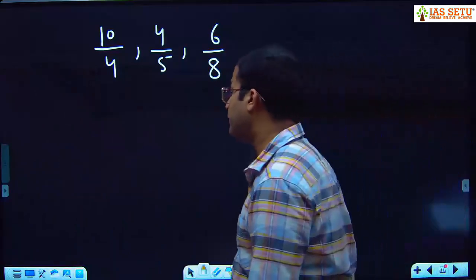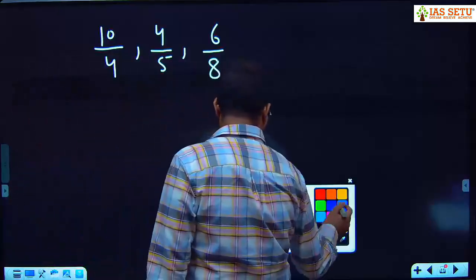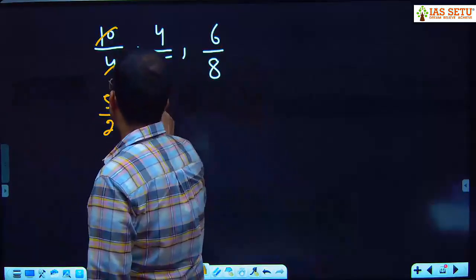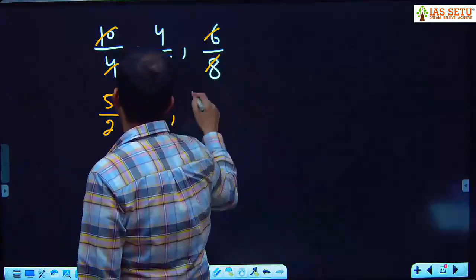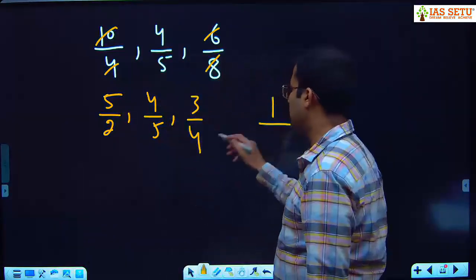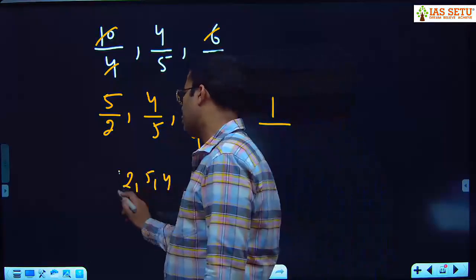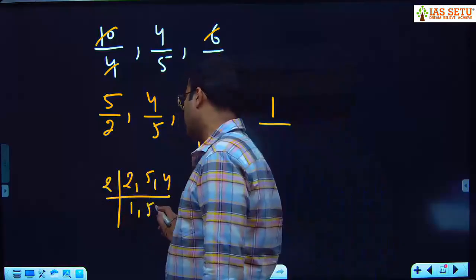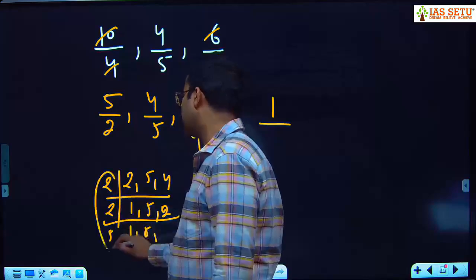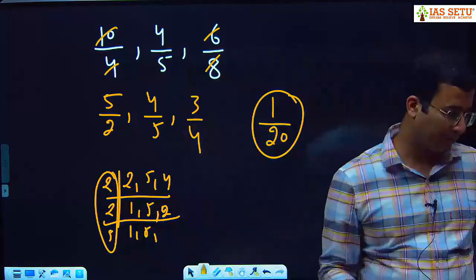First simplify, don't forget to simplify. Now this is 5 by 2, this is 4 by 5, this is 3 by 4. What is the HCF of 3, 4, 5? 1. What is the LCM of 2, 5 and 4? 2 common: 1, 5, 2. 2 common: 1, 5, 1. 5 common. It is 20. So your answer is 1 by 20. Okay.